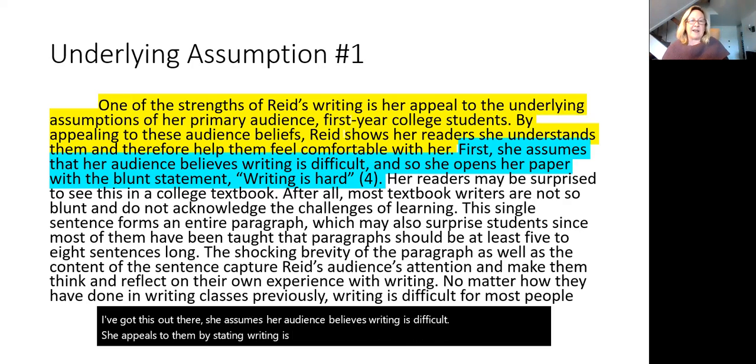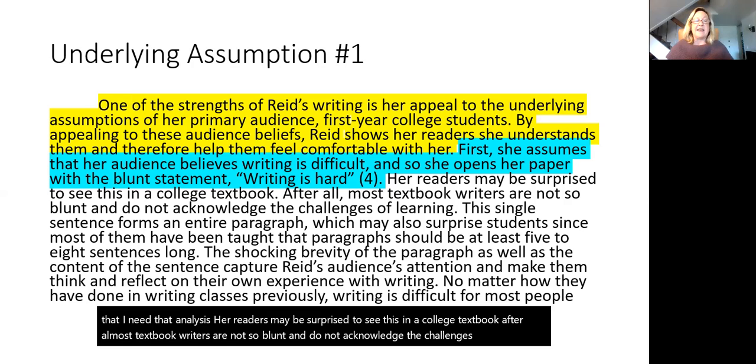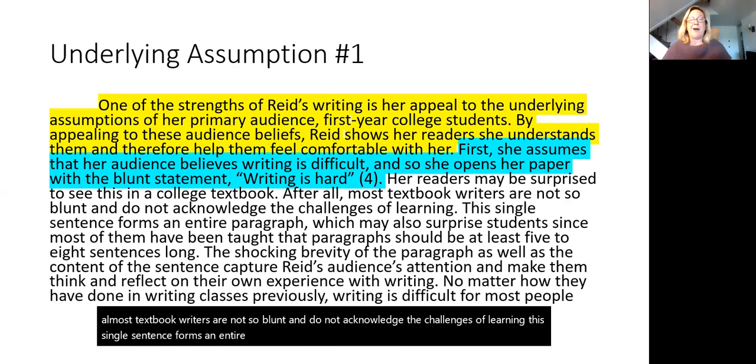Now I've got to analyze it. I can't just leave it at that. I need that analysis. Her readers may be surprised to see this in a college textbook. After all, most textbook writers are not so blunt and do not acknowledge the challenges of learning. This single sentence forms an entire paragraph, which may also surprise students since most of them have been taught that paragraphs should be at least 5 to 8 sentences long.